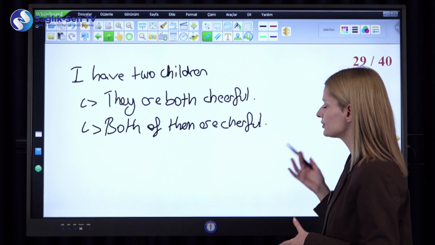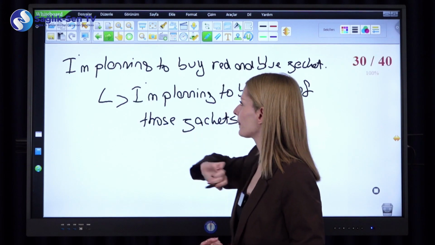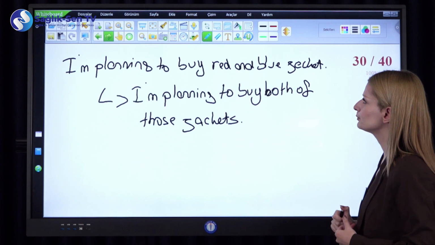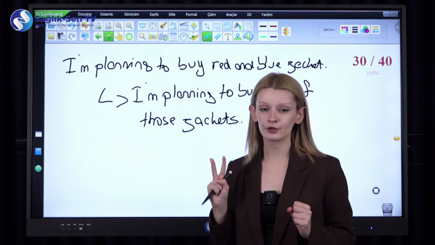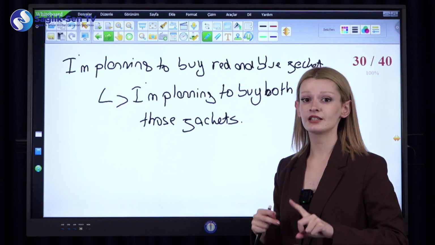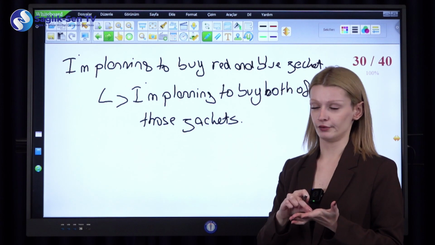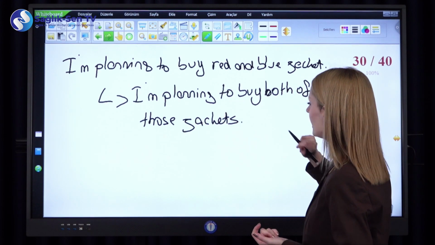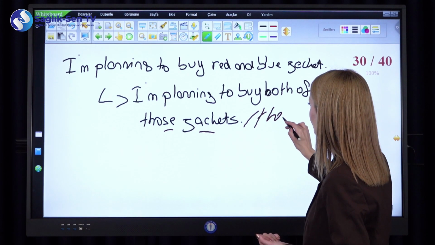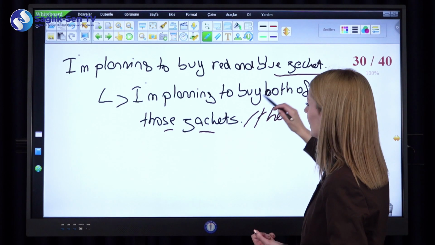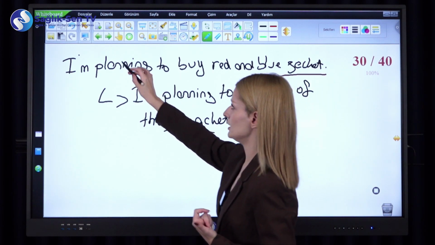They're both cheerful, or both of them are cheerful. I am planning to buy red and blue jackets. I am talking about two items, and I will buy both of them. I am planning to buy both of those jackets, or I could say both of them because we have talked about it before giving this information.